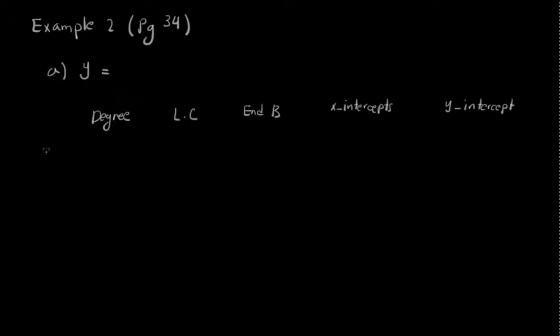Alright, so for part B, the equation that we have is -2 times (x - 1) squared times (x + 2).